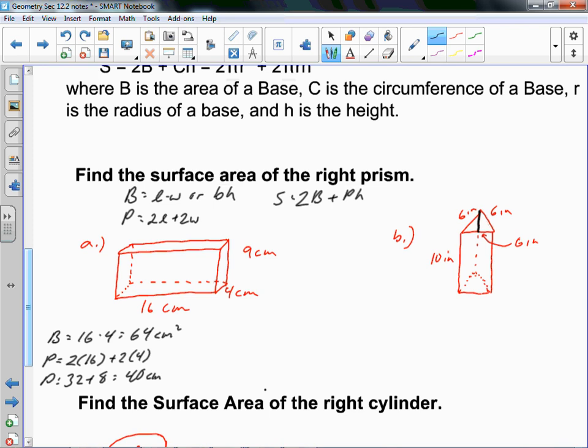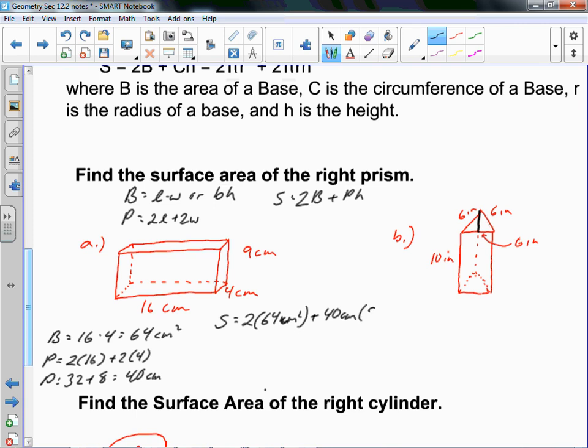And so once we have those, then we can plug it into the surface area formula. Capital S for surface area. And 2 times area of the base, so 2 times 64 centimeters squared, plus the perimeter, 40 centimeters, times the height.